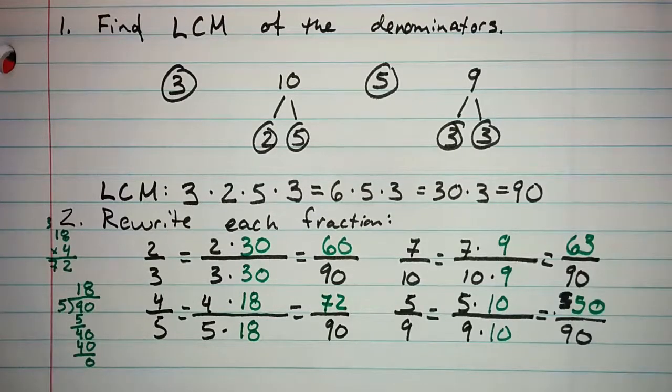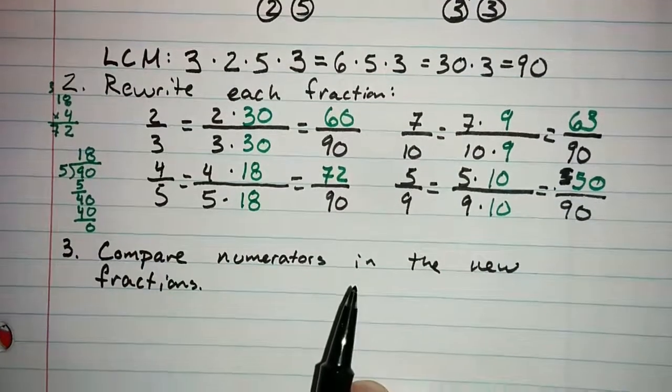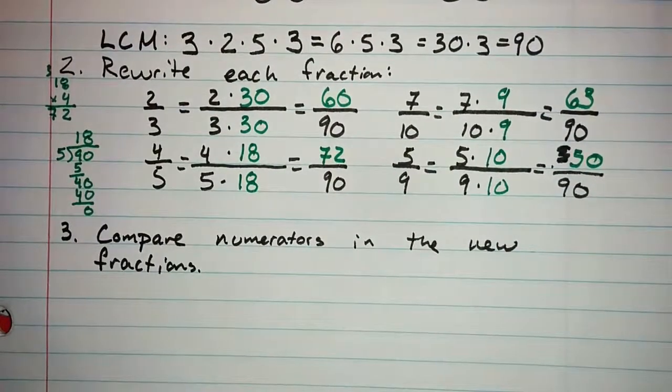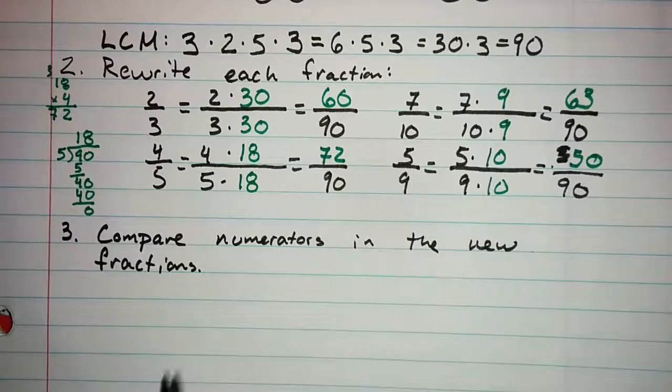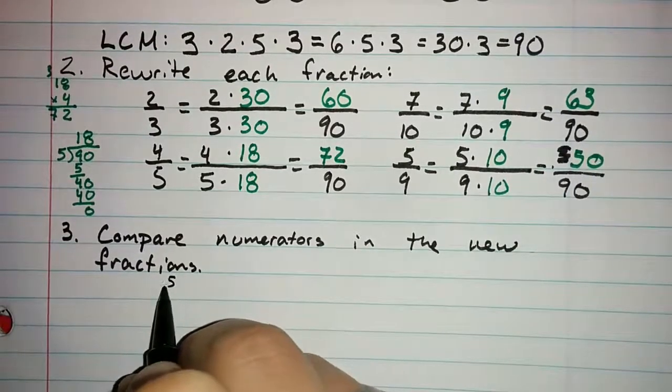So I wanted to put my original fractions in order from least to greatest. Now that I have them written with a common denominator, I can tell that the smallest one is 50/90ths. My last step is going to be to compare the numerators in my newly rewritten fractions. So the smallest one will be 50/90ths, which is 5/9.